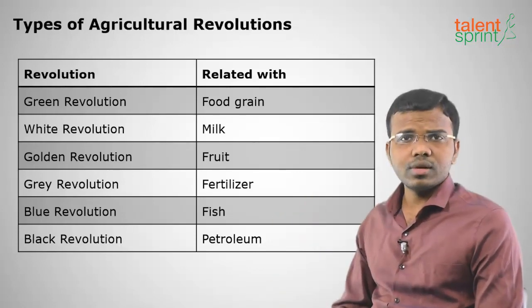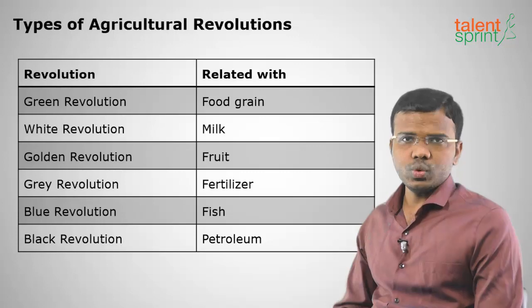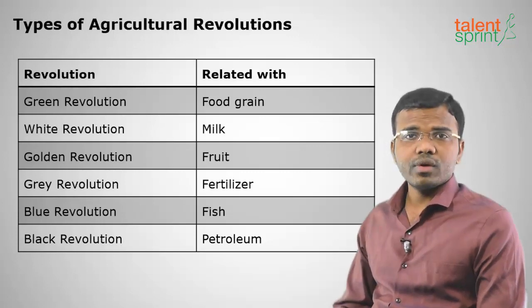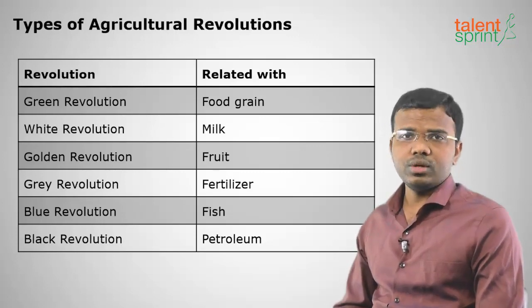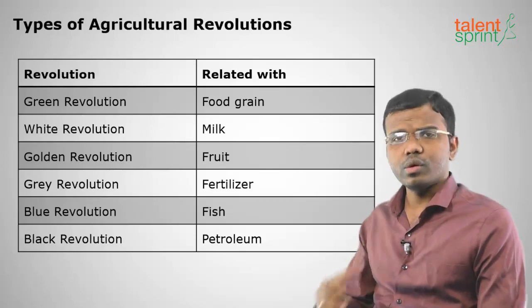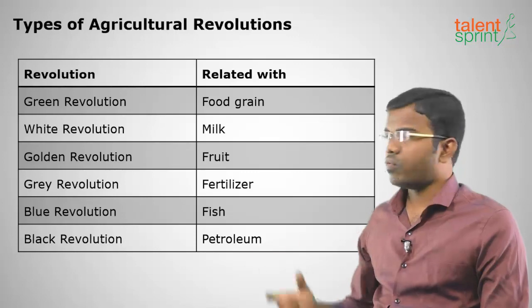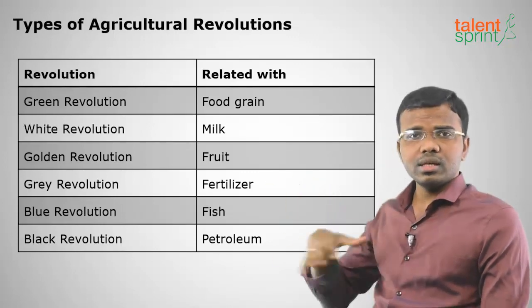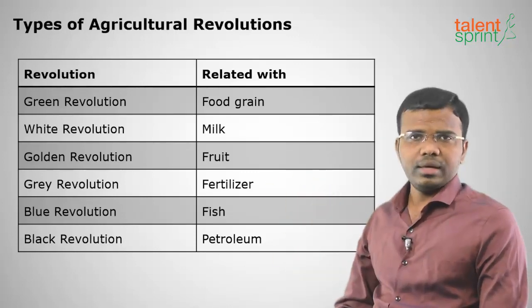Who is the father of white revolution in India? It is Verghese Kurien. He is the backbone of Amul in India, Anand Milk Union in Gujarat, particularly Amul. Hope you know about the Amul brand, right? So white revolution is related to increasing the yield or productivity of milk.